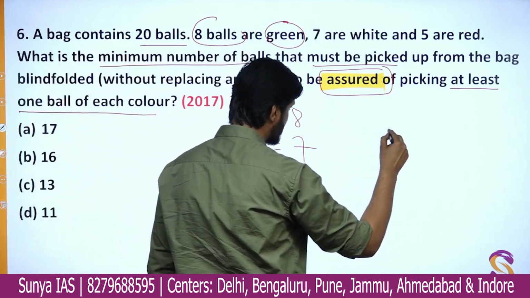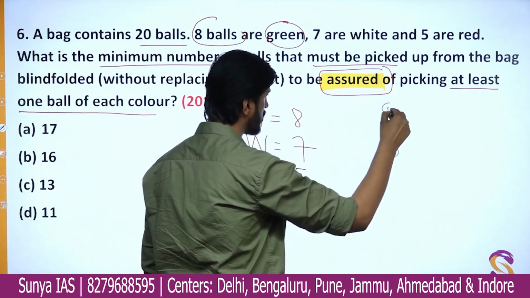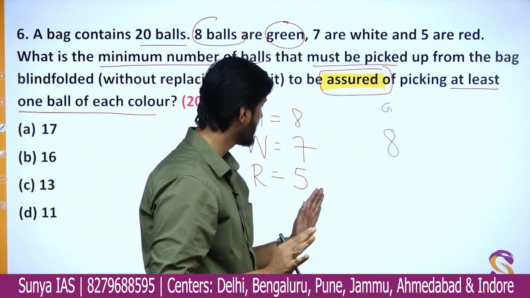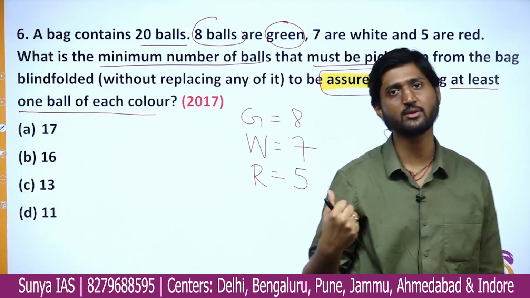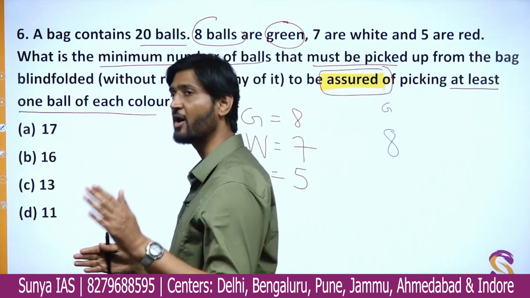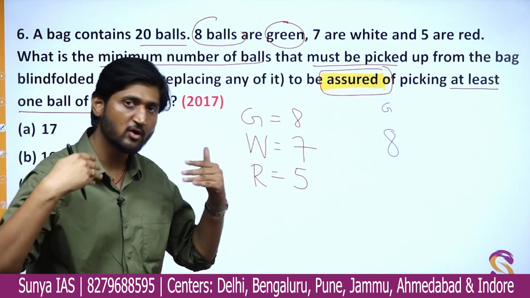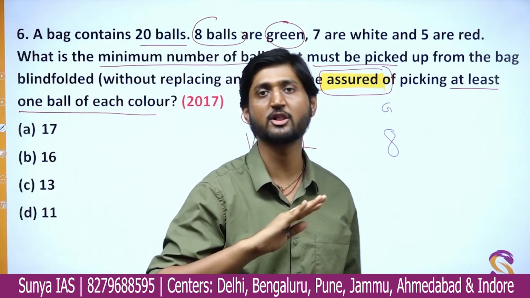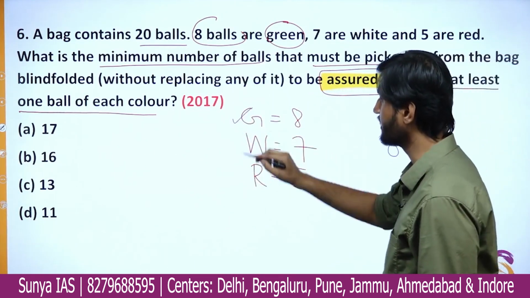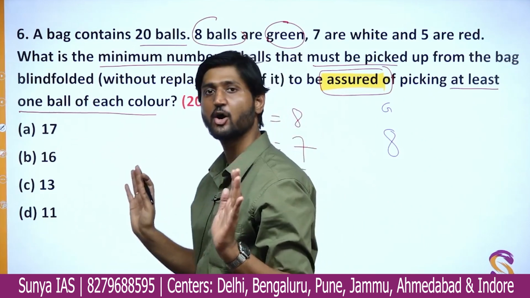You have to pick at least 8 balls just to be sure that you have picked up all the green balls, just to be sure. After that, we'll talk about the white ones. So you must be now sure that, okay, now I have picked 8. If there is a worst case scenario that I have picked all the balls of the same color, then I'll be done with green. I mean green will be there definitely without any chance.